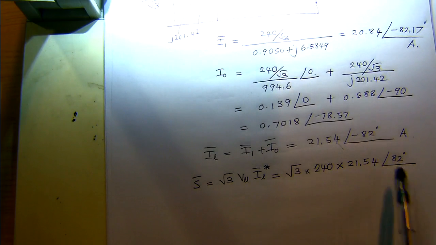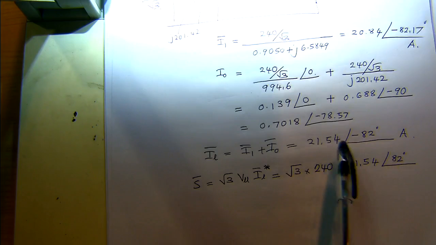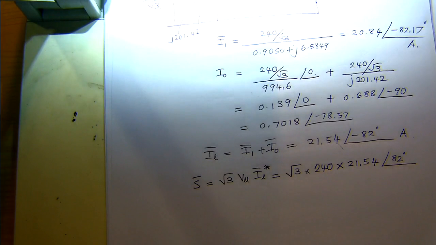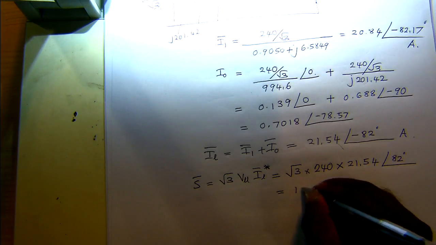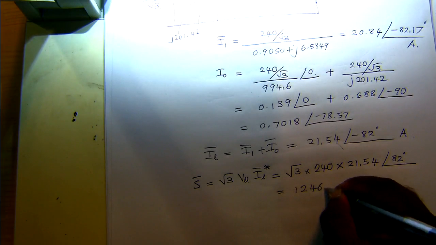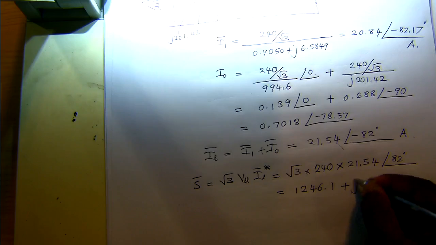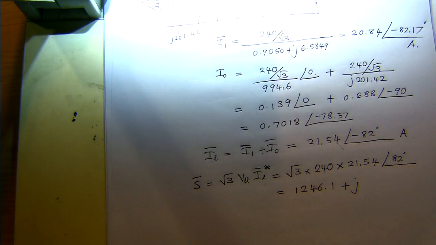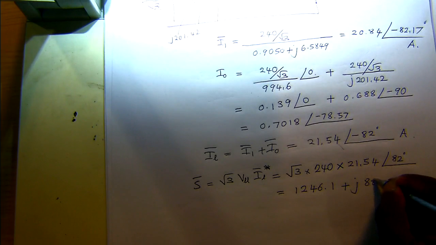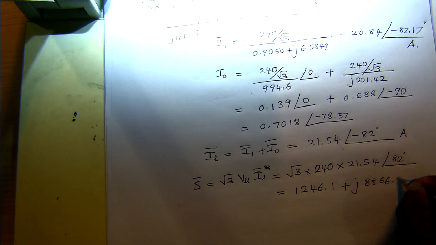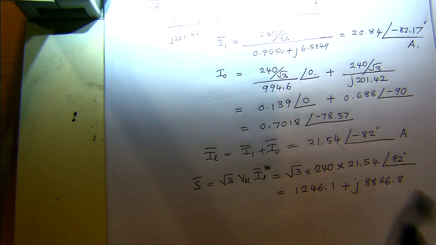So you lose the minus there when you convert it to conjugate. So then the real value will be 10246.1 plus j, the reactive power will be 8866.8. So that's the real power and reactive power.